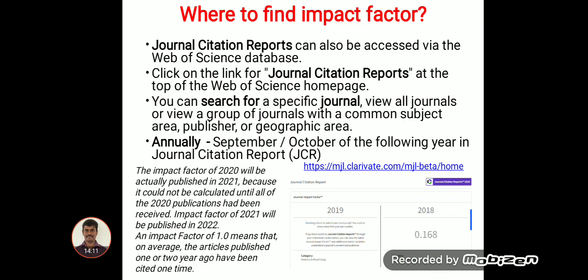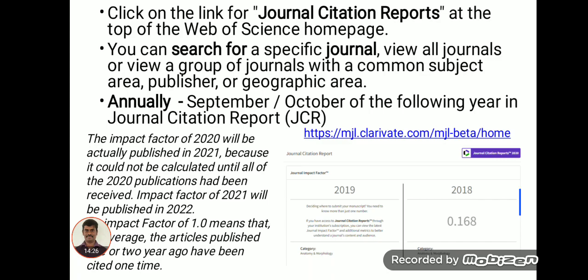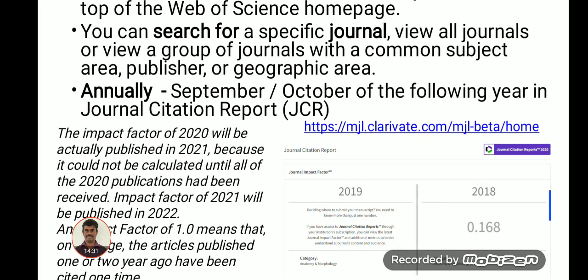This journal impact factor is published annually, either in the month of September or October of the following year in the Journal Citation Reports. Here you can see the screenshot of the Journal Citation Reports of a particular journal in 2018 and 2019.